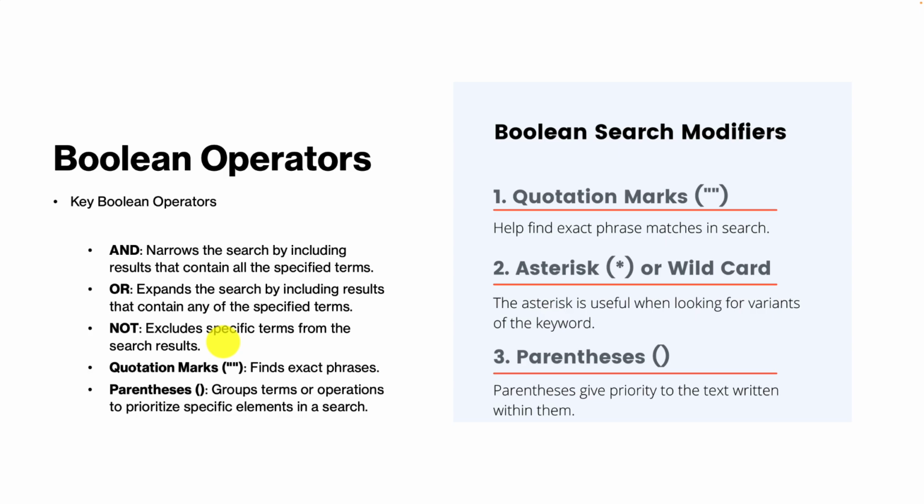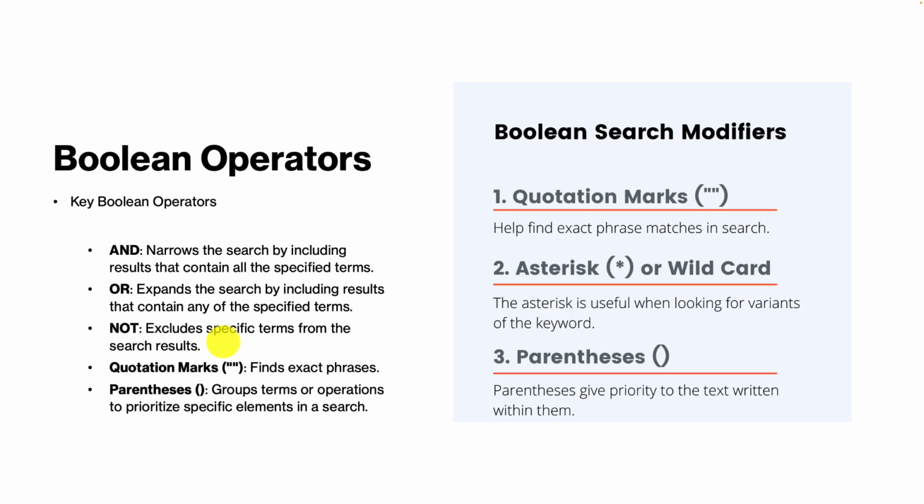Now, again, when we're using quotation marks, this will be finding exact phrases. For example, I'm doing a research paper right now where I'm looking at neuromuscular and neuroendocrine disorders within a certain population of people.